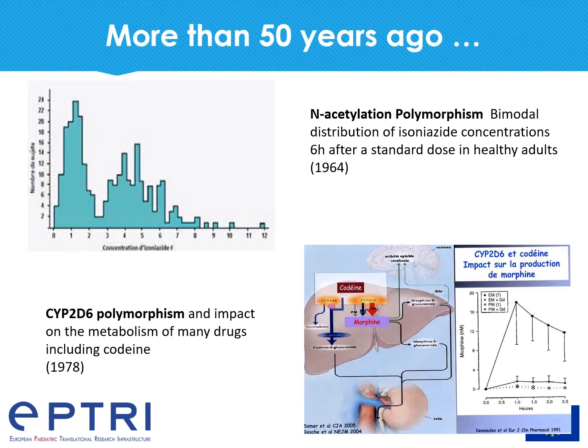There are extensive metabolizers who will have concentration of morphine much higher than poor metabolizers when receiving codeine. And this is related to the absence of cytochrome P450 activity in poor metabolizers. The clinical consequences are important because in poor metabolizers, there is no transformation of codeine to morphine, and therefore the analgesic effect of morphine is very low.